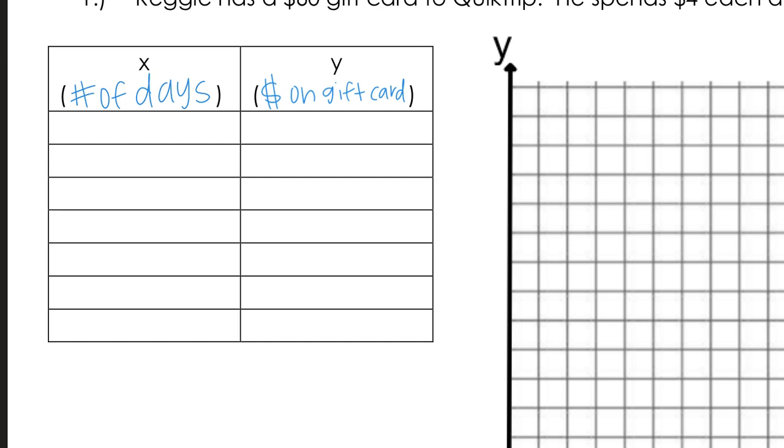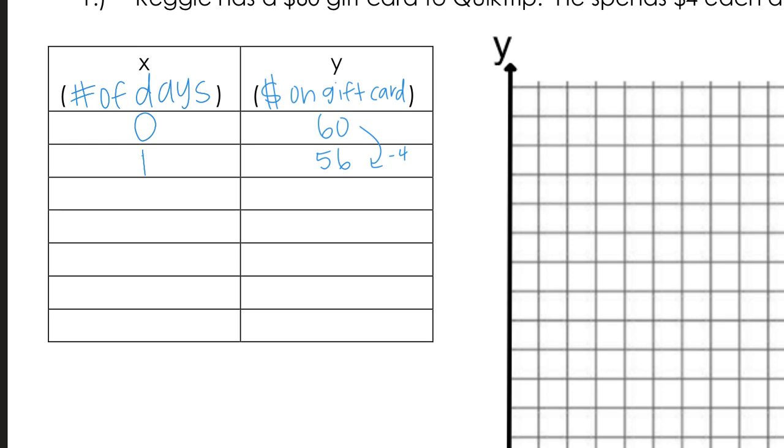So to start, at 0 days before we spend any money, the gift card has $60. And then after the first day, it goes down $4 because he spent $4. So we are going to subtract 4 to give us 56.